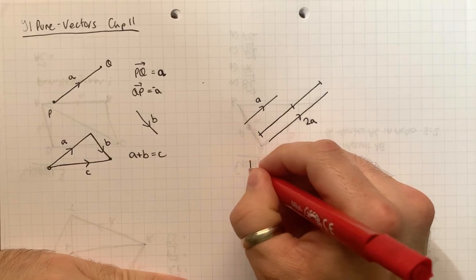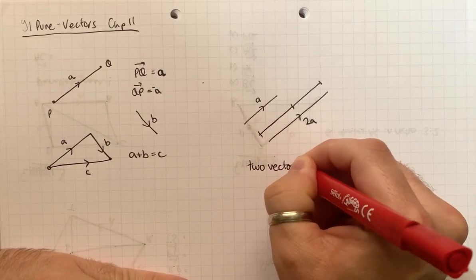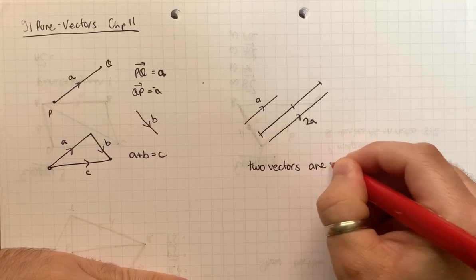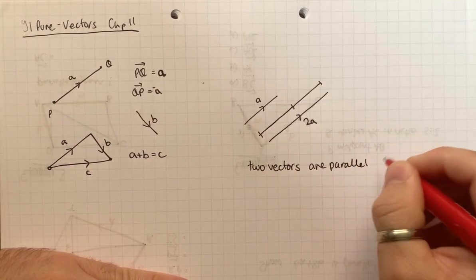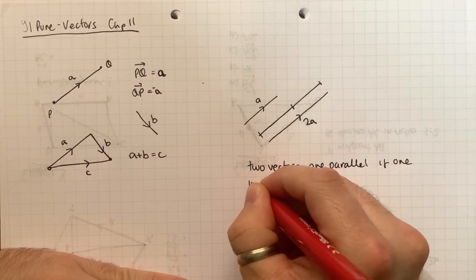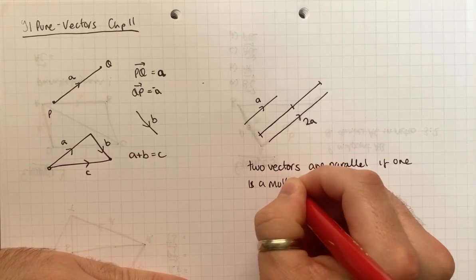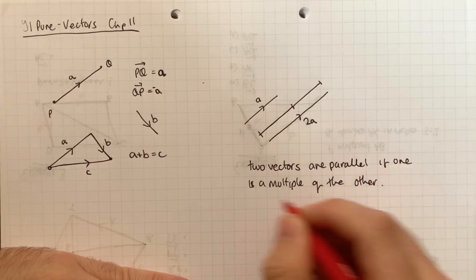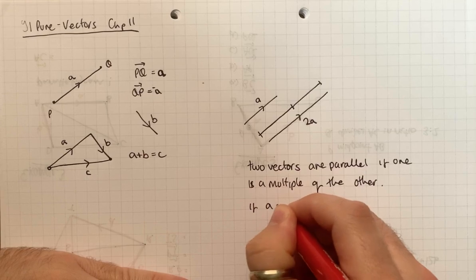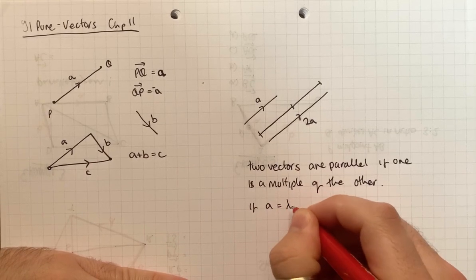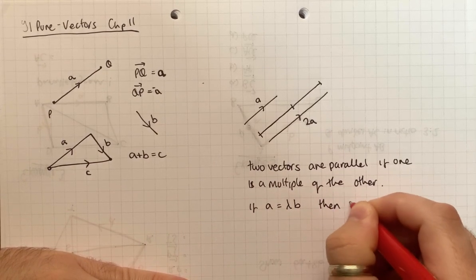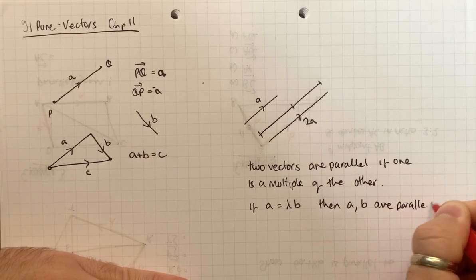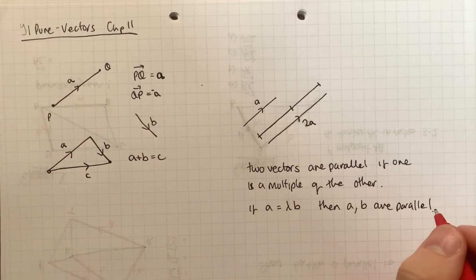So, two vectors are parallel if one is a multiple of the other. So if a equals scalar, we'll call it lambda b, then a, b are parallel. Okay, so that's how you prove two vectors are parallel.